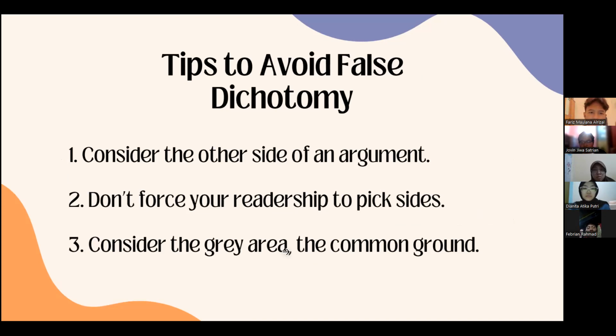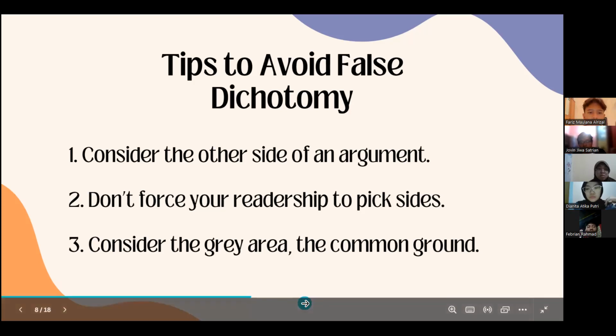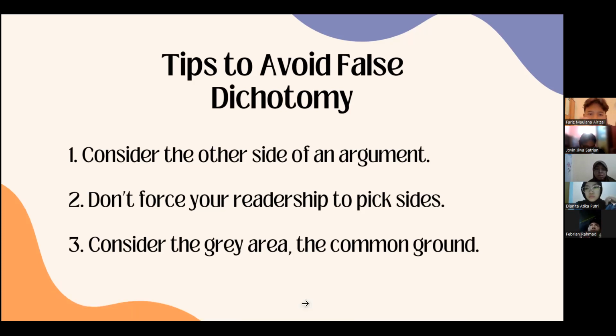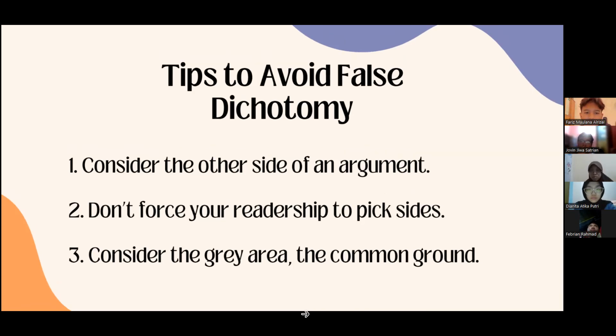Okay, these are the three tips to avoid the false dichotomy. The first one is consider the other side of an argument. Before dismissing someone's argument as incorrect, consider if they make any good points. Don't write off an idea as the opposite of truth without serious examination.